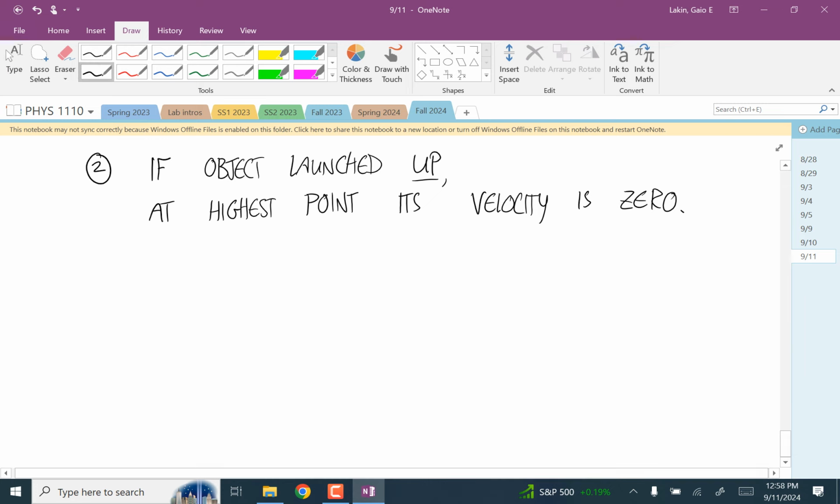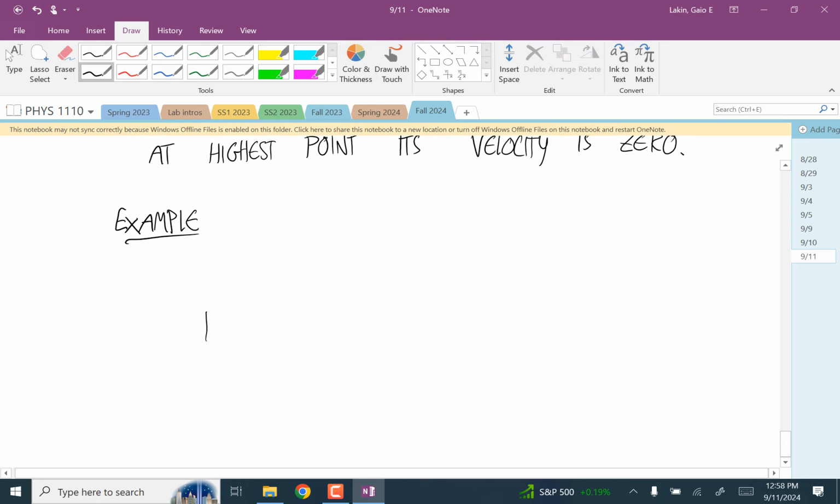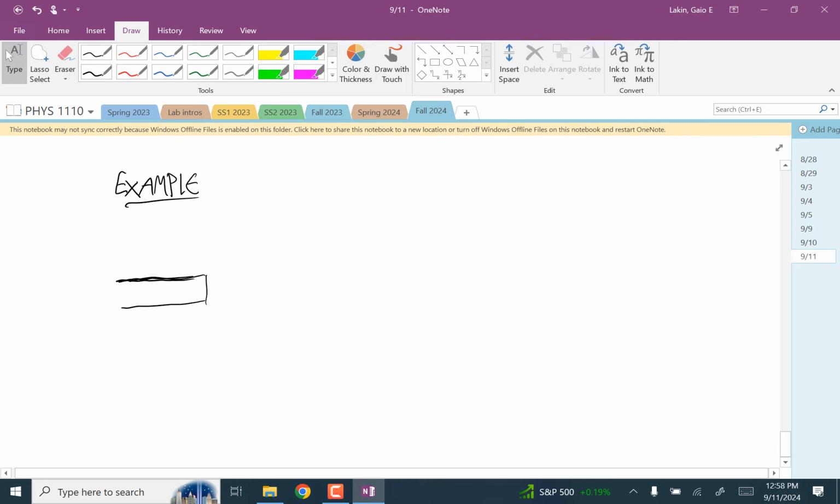Okay, so here it is, the first example of a free fall problem. Let's say that you're standing on top of a bridge and you want to know how high it is. But you don't have a tape measure long enough to reach the water. You could measure it like this.